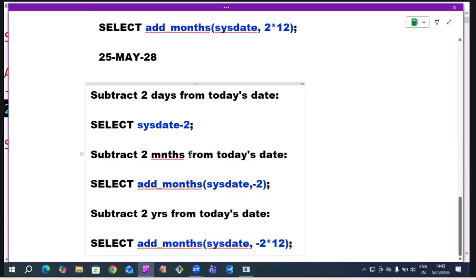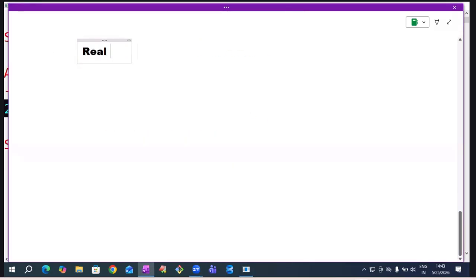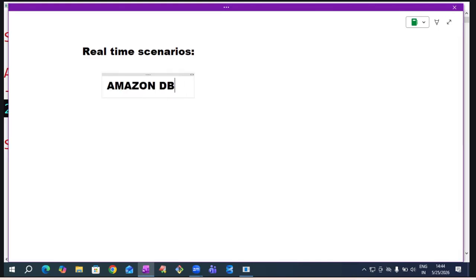So this is about add_months function. See some real-time scenarios when these are useful. In the Amazon, you are placing order.